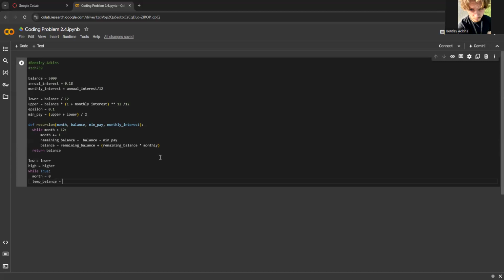With the temp balance, we're going to run recursion, so it's going to run this method that we're defining up here while this is true.